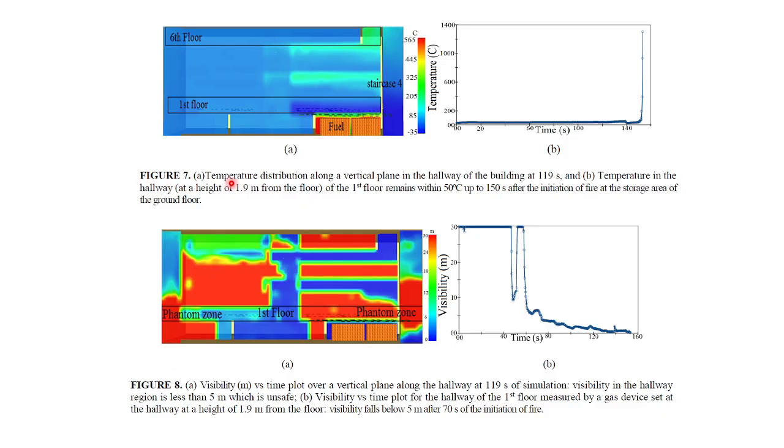So here in this figure, we can see the change of temperature over time. Figure 7.A is one single state, but B is showing how this state is changing over time.